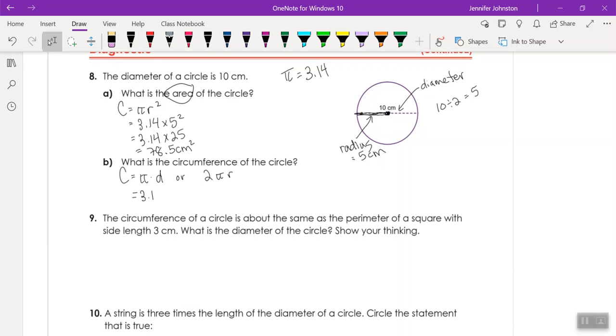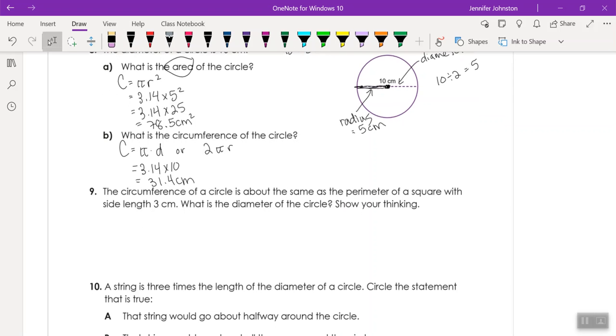So we're going to do 3.14 times 10, which gives us 31.4 centimeters. Okay, it's not centimeters squared because the circumference is just like the perimeter. So it's just the outside, so we don't have to write squared.